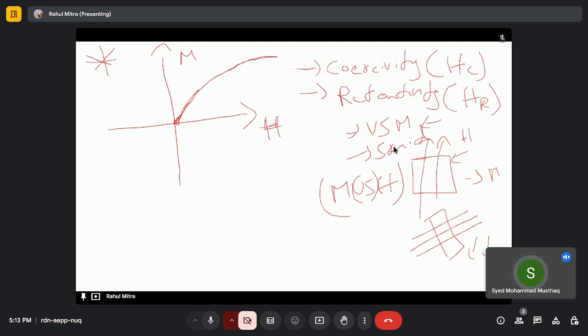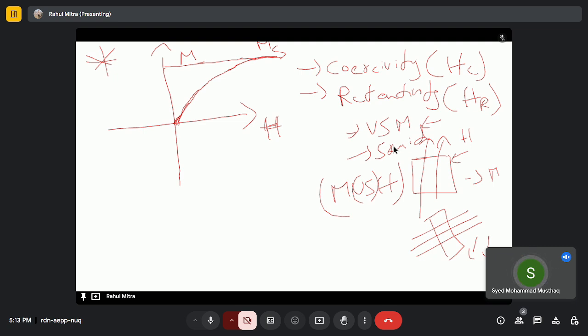What is the maximum value? That is the saturation magnetization. Now again, what does that mean? The saturation magnetization is nothing but the maximum magnetization that can be obtained from any material. So what happens there? All the magnetic moments try to align in one direction. Right? So that is my Ms.